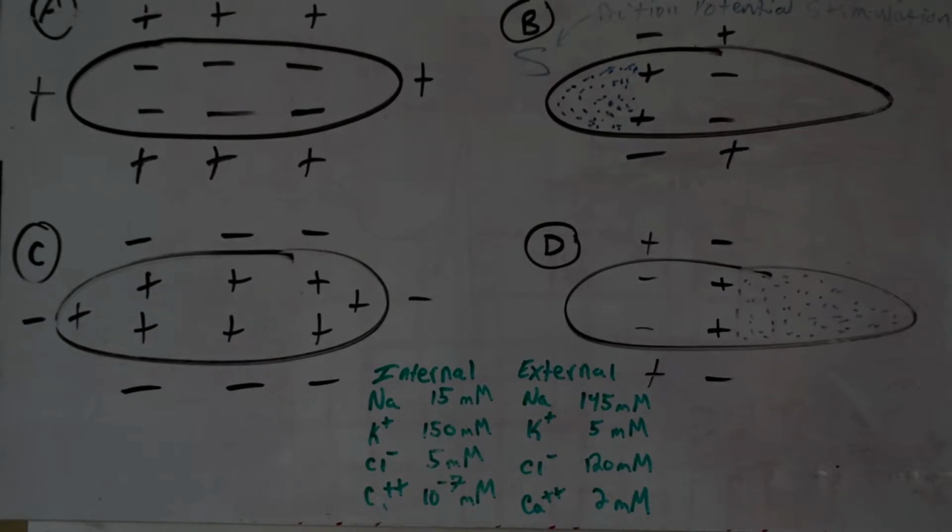So there's an imbalance in the charges, and that's where in the green, it tells us the ion balance inside and outside. I'll get to that in a second. But in A, the cell is in the resting state. The resting state. So it's polarized.